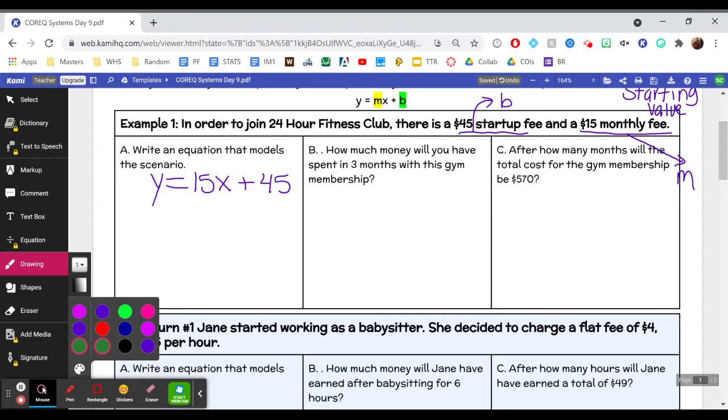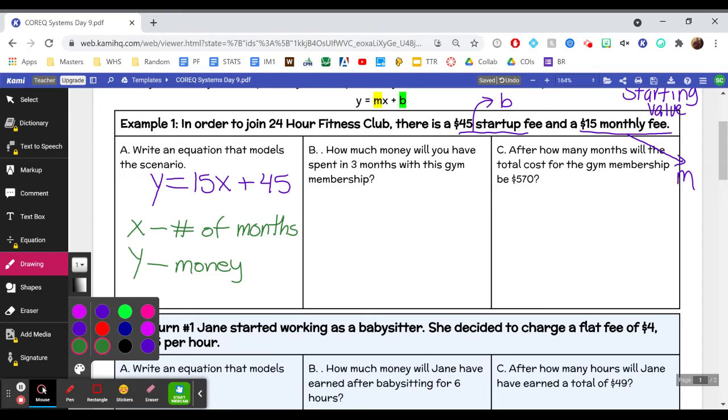That way, it's easier to answer the questions after. Okay, x and y. I know that x depends on the monthly, so it's the number of months, and y is the total amount of money paid.